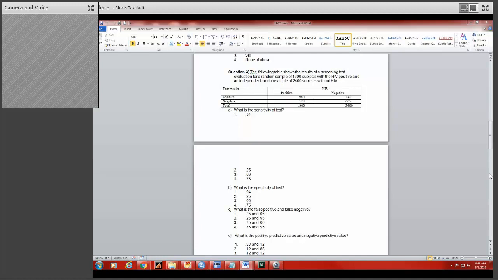Now question 3, basically that question again is about a screening test information.